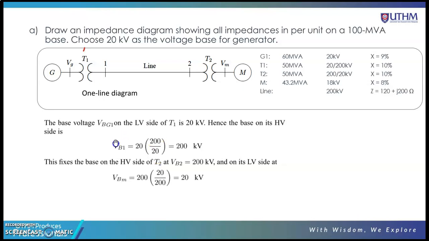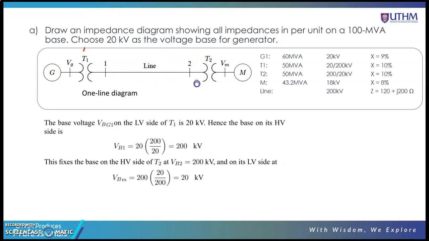This is the V base of T1 at the secondary side, which is equal to the V base of the primary side of T2. T2 primary side is the high voltage side.